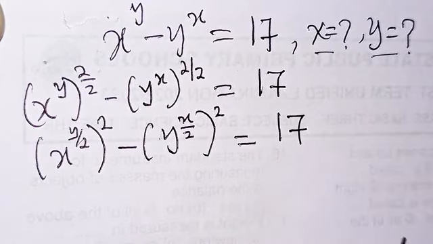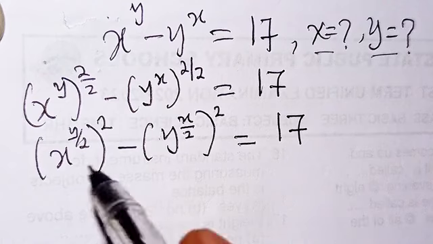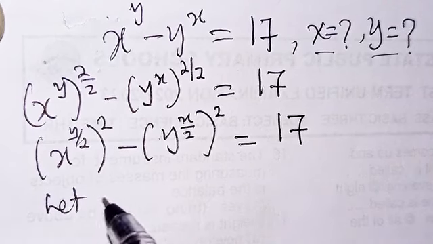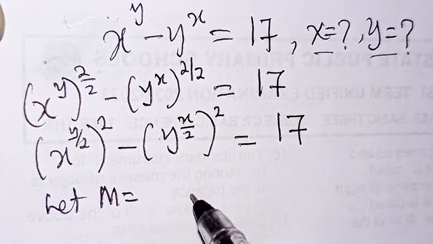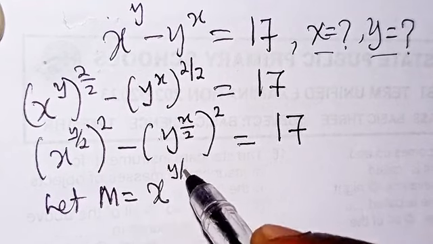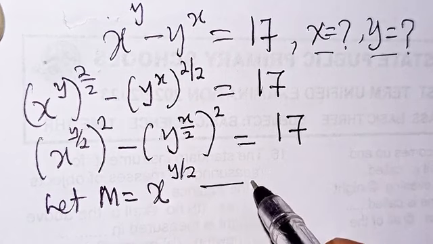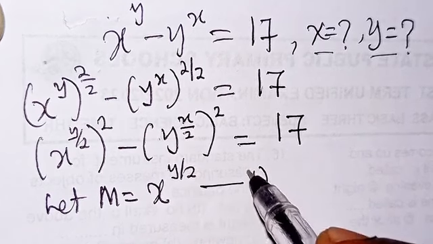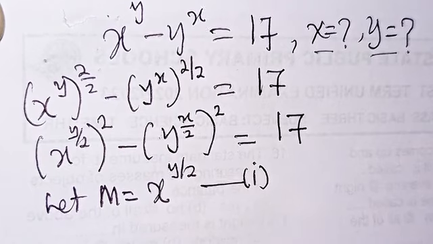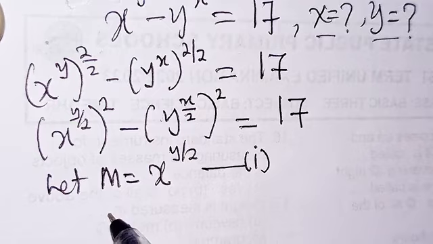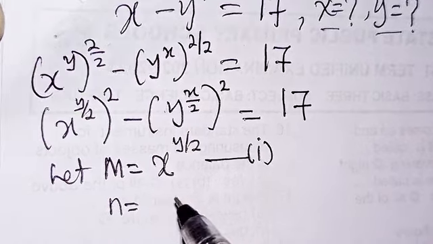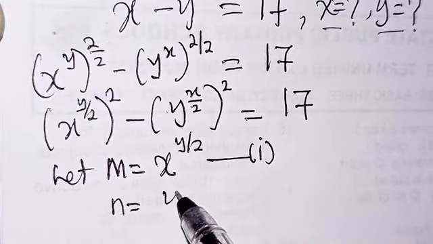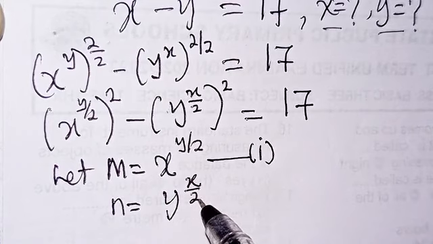So now from here I'm going to let m equals x to power y over 2. Let's call this equation 1, and n to be equals y to power x over 2.